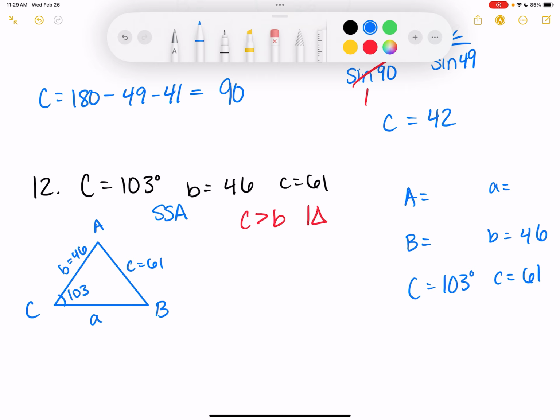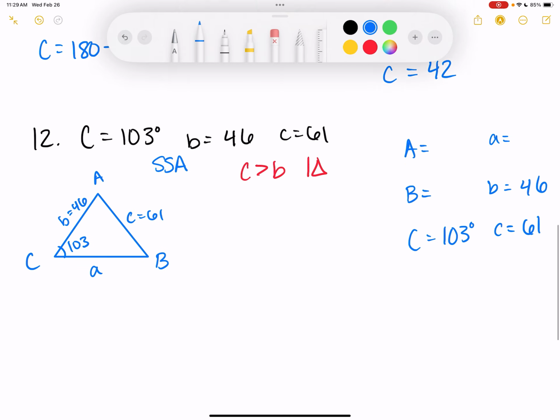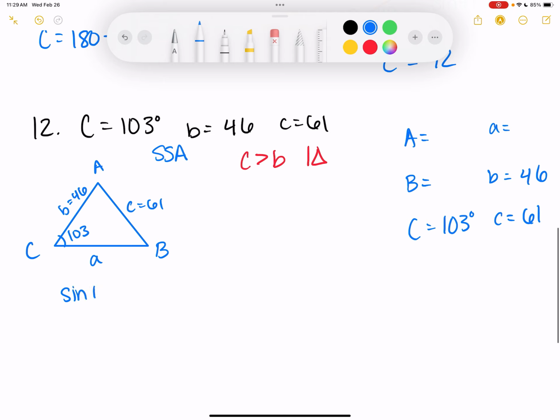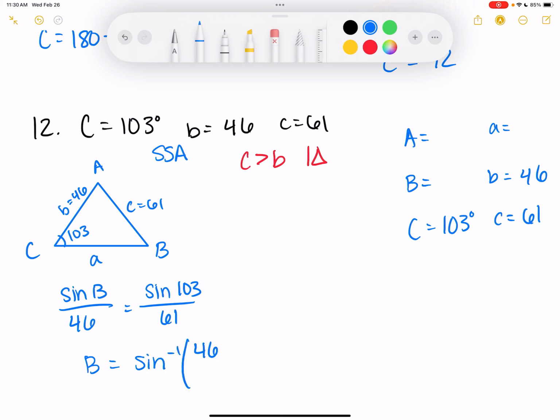All right, so what can I solve for first? Angle B. So I've got the sine of B over 46 equals the sine of 103 over 61. So B is the inverse sine of 46 sine of 103 over 61.